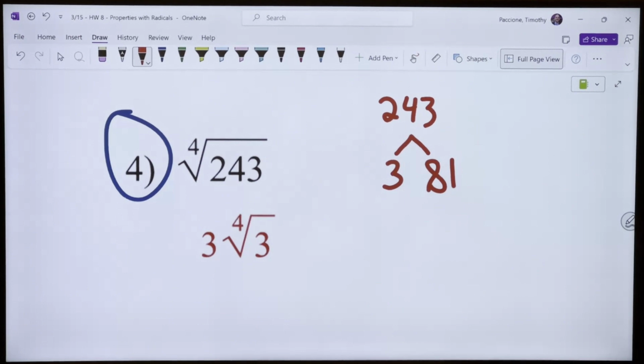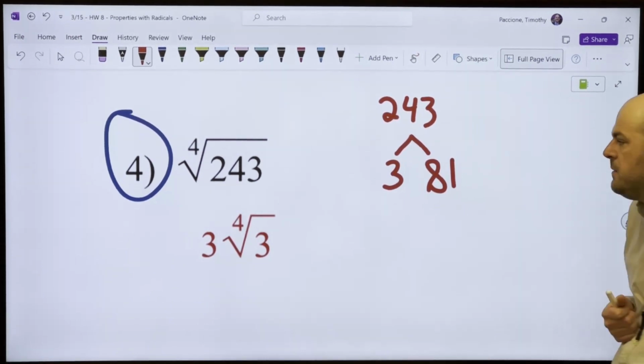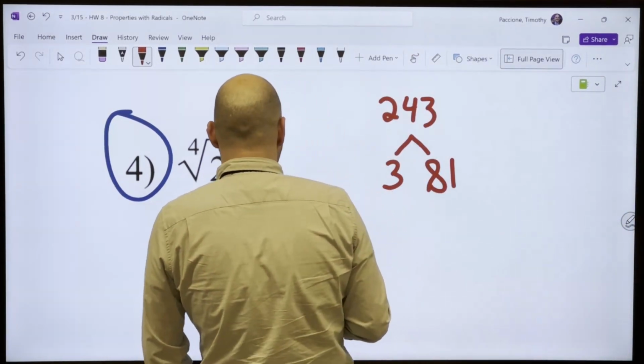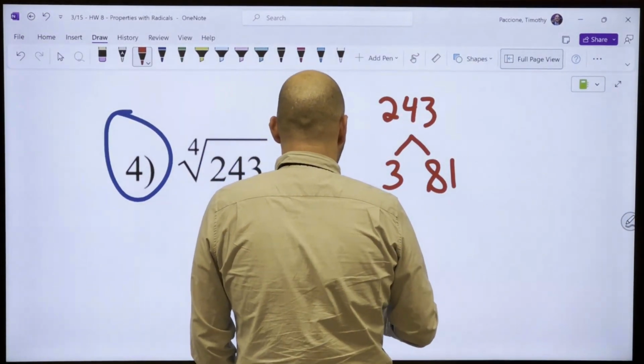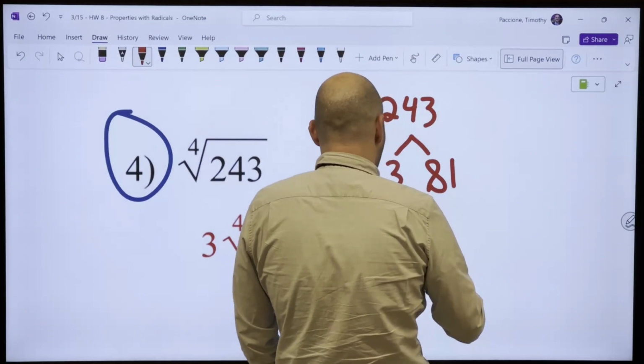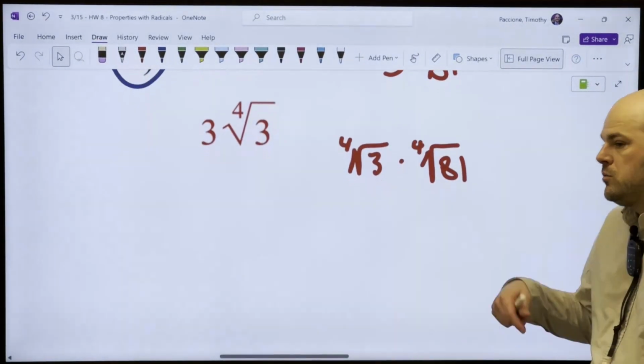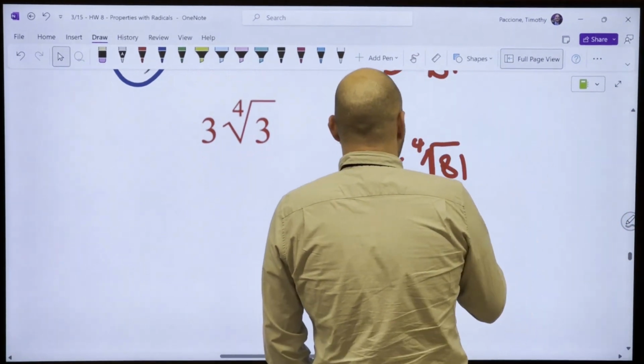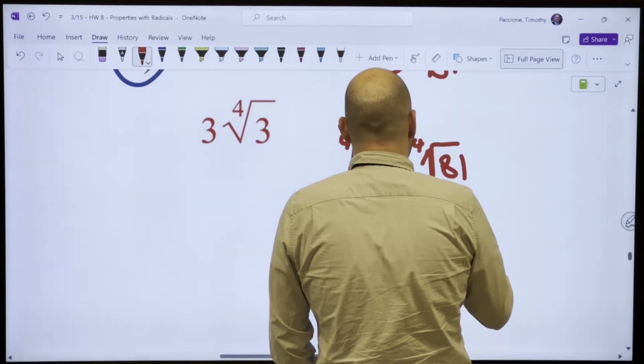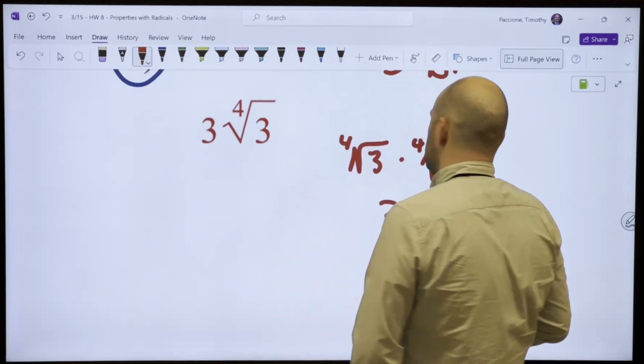And isn't 81 4th rootable? So I kind of just stumbled into the answer here, right? It turns out that this is the 4th root of 3 times the 4th root of 81, and the 4th root of 81 is 3. So it's 3 4th root of 3, right?